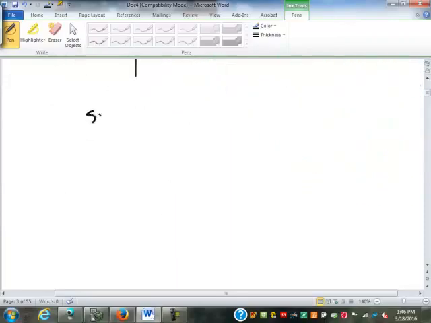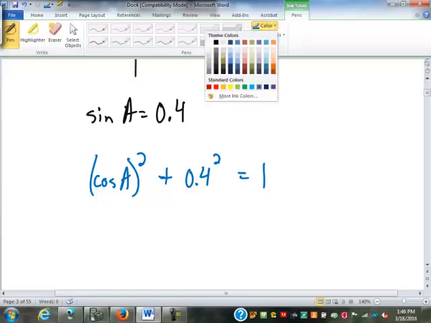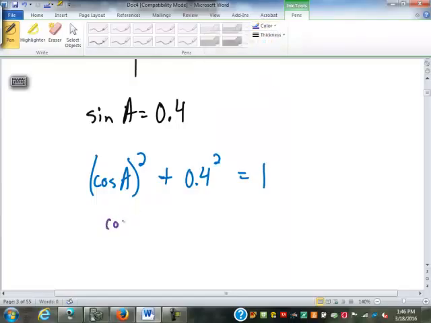So if I know that the sine of angle A is 0.4, I can find the cosine of angle A. Because the cosine of angle A squared plus 0.4 squared has to equal 1 squared, or just 1. So the cosine of angle A squared, 0.4 squared is 0.16.